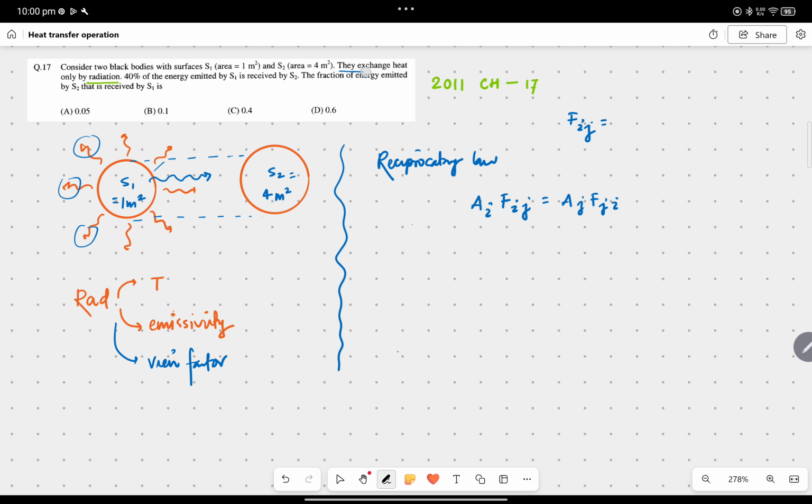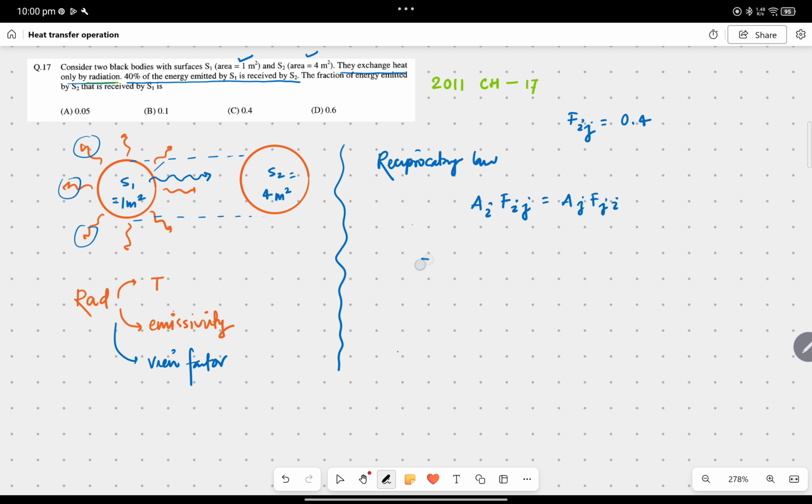It is given that heat is exchanged only by radiation, and the percentage of energy emitted by S1 and received by S2 is 40%. That means Fij is given to us, 40%, that is 0.4. Area 1 is 1 meter square, and area of S2 is 4 meter square.